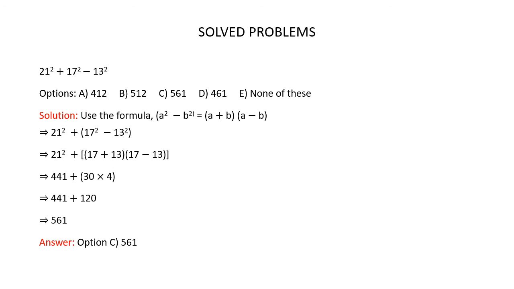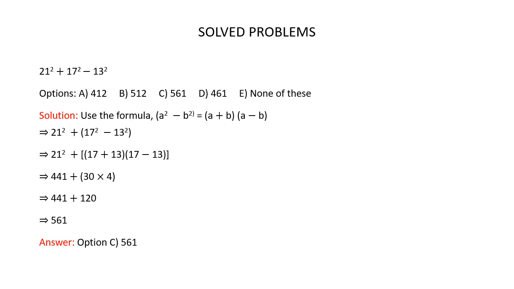Find the value of 21 squared plus 17 squared minus 13 squared. Here you are given 5 answer options and you have to find out which of these options is correct. Now when you look at this expression, you'll see that 17 squared minus 13 squared is similar to a squared minus b squared.